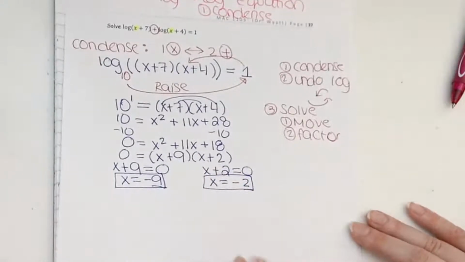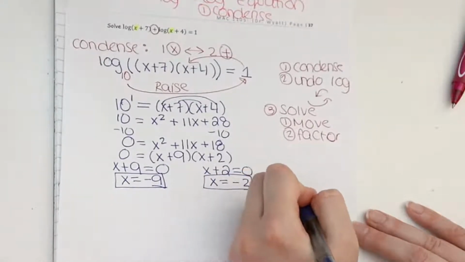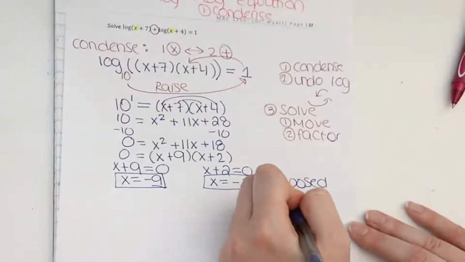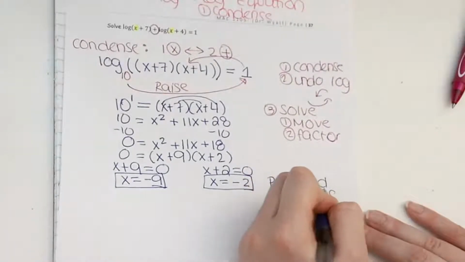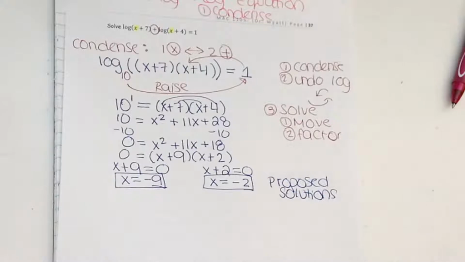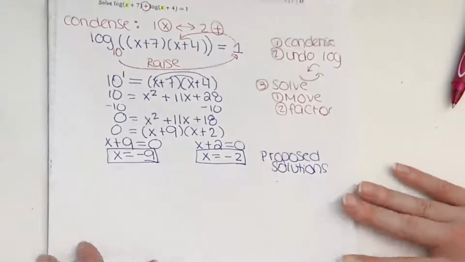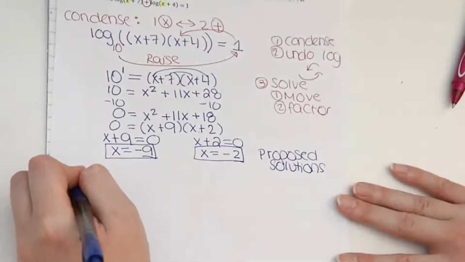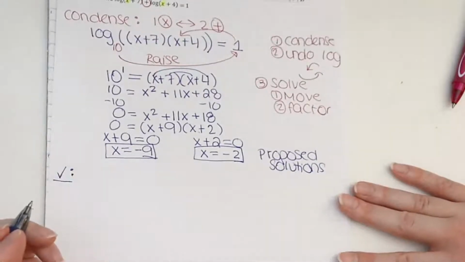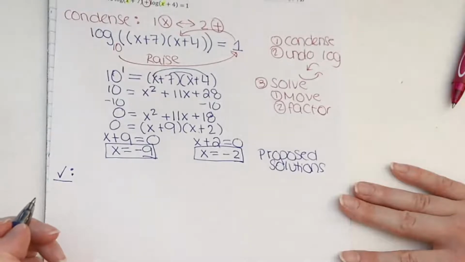Now remember, with logarithms, those are just your proposed solutions. You cannot say definitively that that is your answer until you check your argument. So the last step is to check and make sure that you have a positive argument.